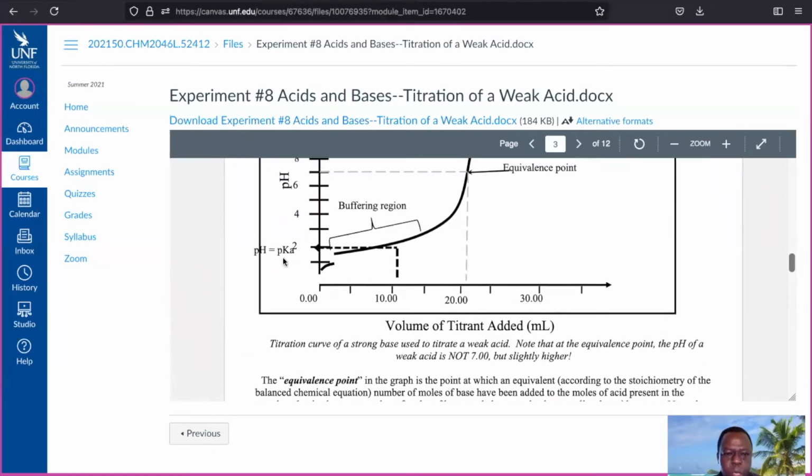This is what I was talking about, that at a half equivalent point, if we know the pH, we can conclude that the numerical value for pH at a half equivalent point is the same as the pKa, and then we move on from there to determine the Ka and identify the acid.